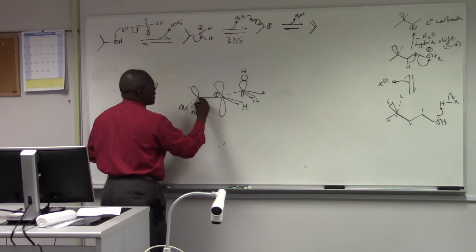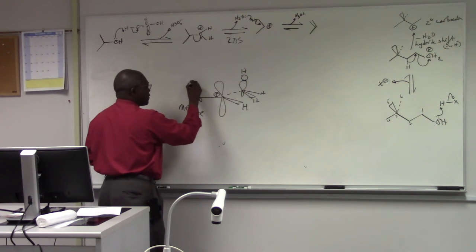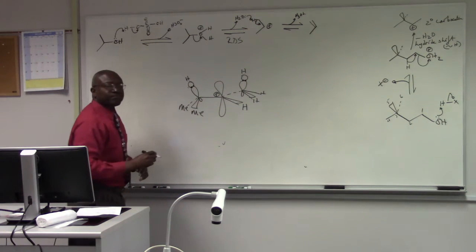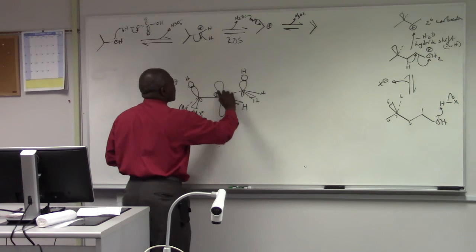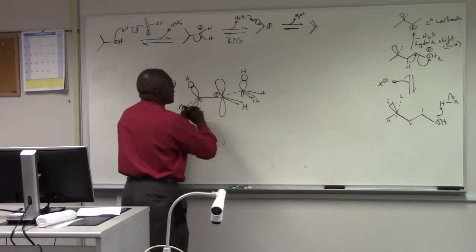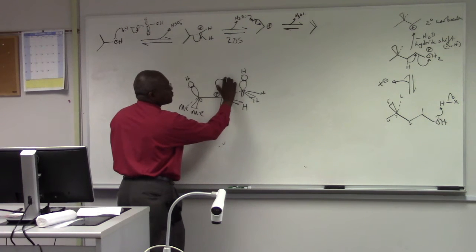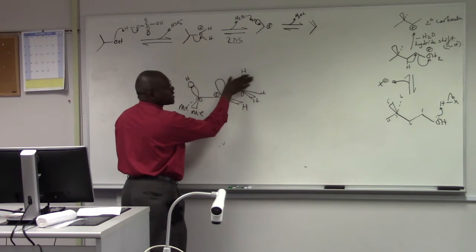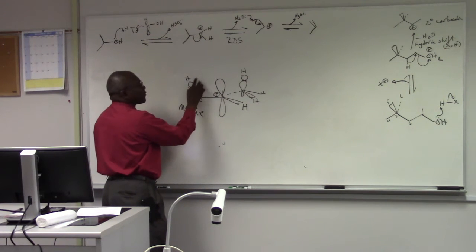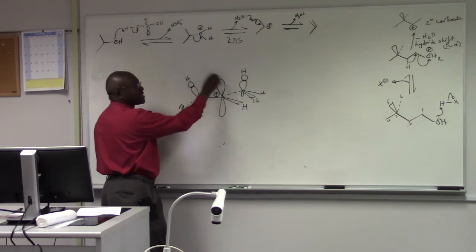I've got the sp3 hybrid of my carbon, and I've got the H, and there are 2 electrons here. So what my p orbital is going to do is essentially lean over and merge with those two electrons and steal them, and lean over, merge with these two electrons and steal them.